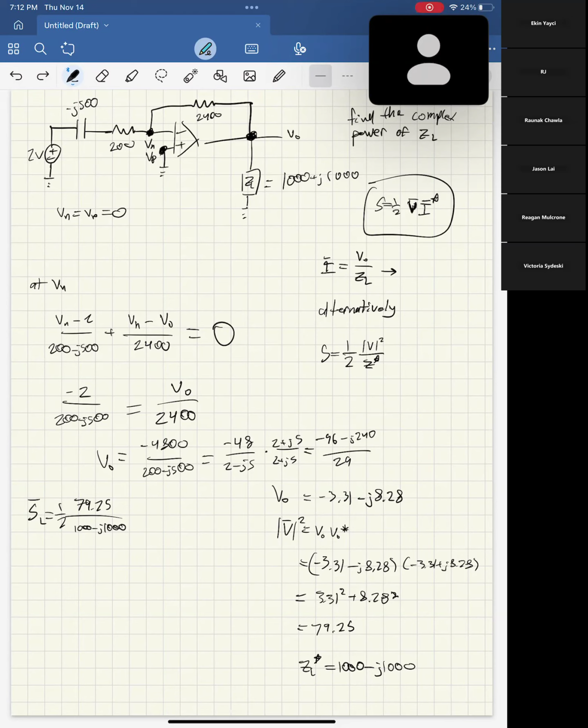So then when you do this, the easiest way is you can do this in either way, but this is actually pretty clearly going to be root 2 times 1000 e to the j negative 45.